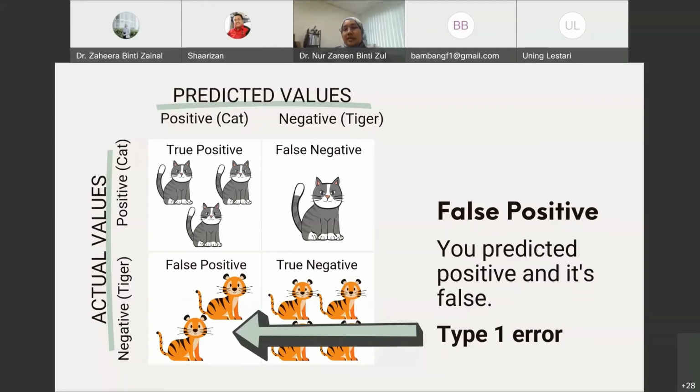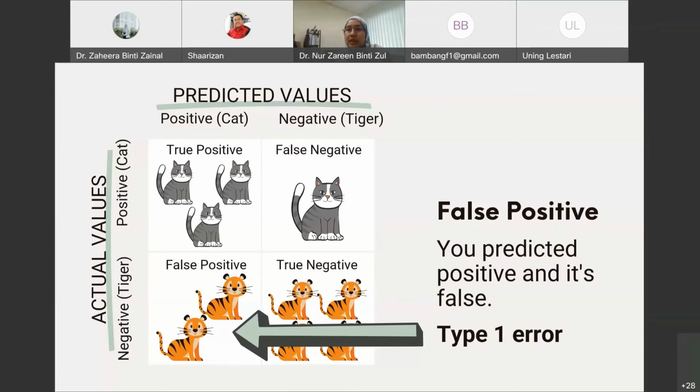It is less harmful compared to telling a person that you don't have diabetes when they do. In the current situation with this pandemic and everything, the same goes. If let's say we don't do any swab test, and we try to predict a person as having COVID or not having COVID based on certain details, maybe based on their location in MySejahtera or whatever, it's much better to have a lot of type 1 errors, which is false positive, compared to having type 2 errors, which is false negative.